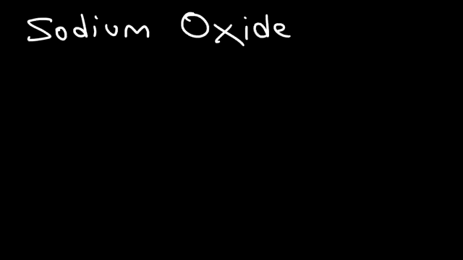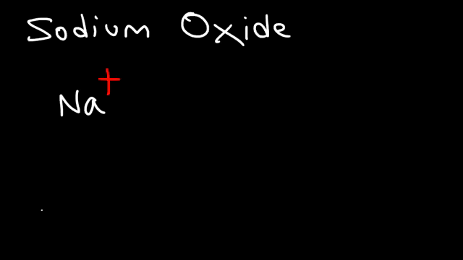Now let's work on some more examples. The next one we're going to try is sodium oxide. What is the chemical formula that corresponds to this compound? So let's start with sodium. It's Na+. Now what about oxide?